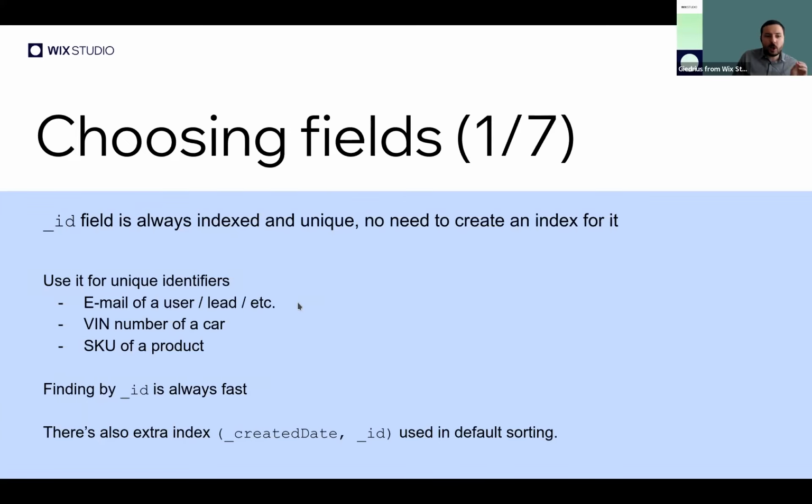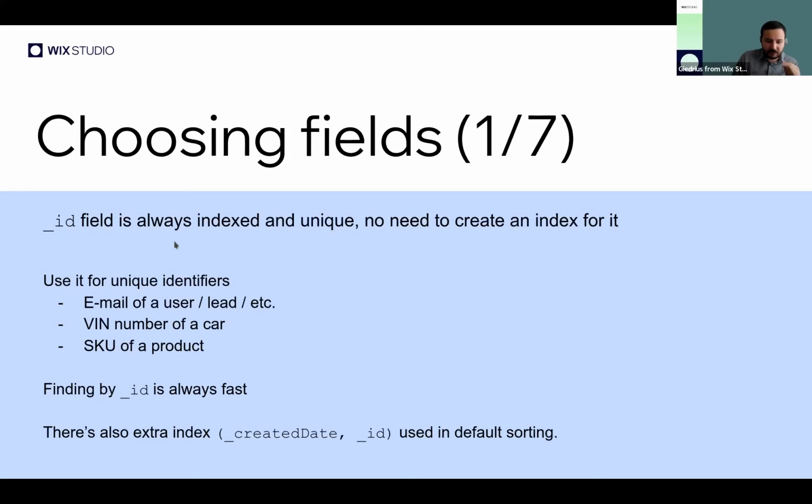So the first thing to know is that you get some indexes built in. An ID index exists in every collection. You may have noticed that the ID field is always indexed. This is the default index. It's always unique. Generally, we auto-generate this value because we don't know what your subject key is.